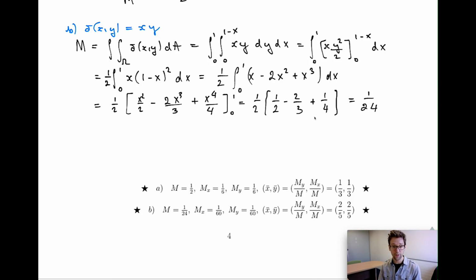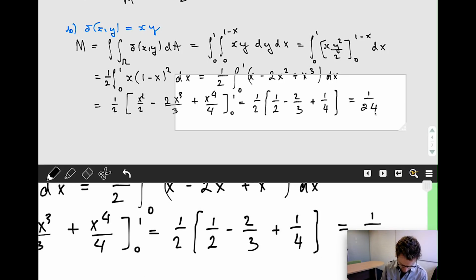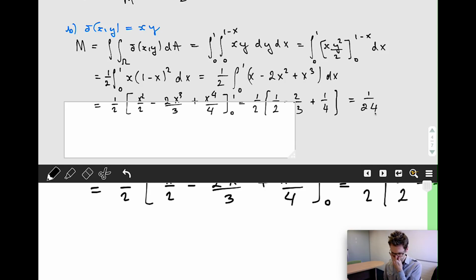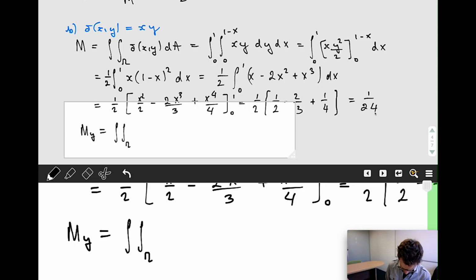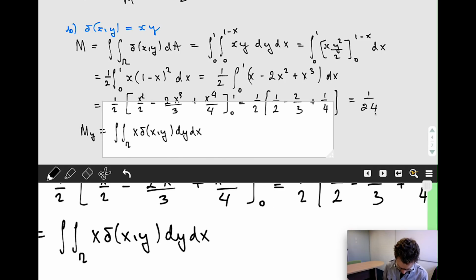So that's the mass. Let's have a look at the first moment about the y-axis, for example. So the first moment about the y-axis is going to be the double integral over x times delta of x y, dy dx. So the integral over x and y.